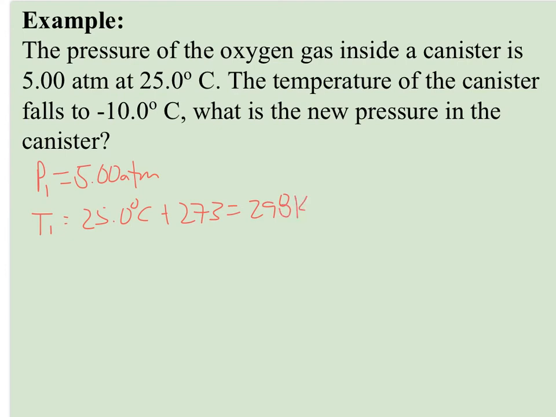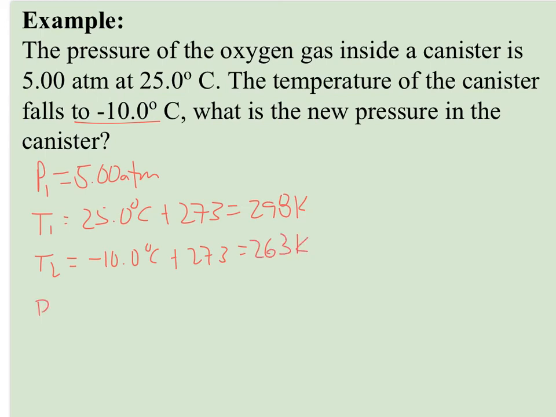So really 298 Kelvin. Temperature falls, so my T2 falls to minus 10. And make sure you read carefully. Does it say it falls by 10 degrees where I'd have to subtract it? It says it falls to minus 10, so that is my new temperature. So plus 273 is going to be 263 Kelvin.